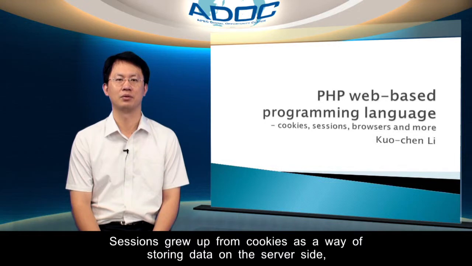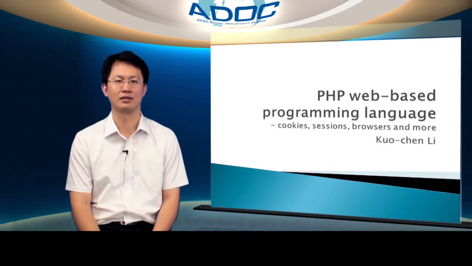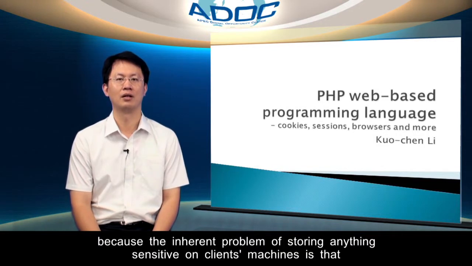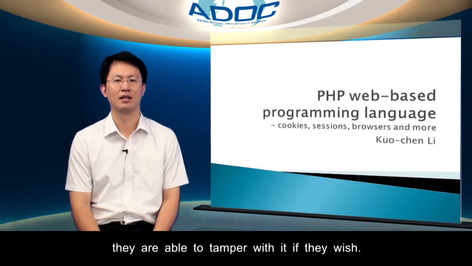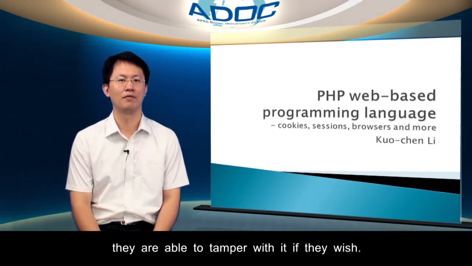And sessions grew up from cookies as a way of storing data on the server side, because the inherent problem of storing anything sensitive on client machines is that they are able to tamper with it if they wish.